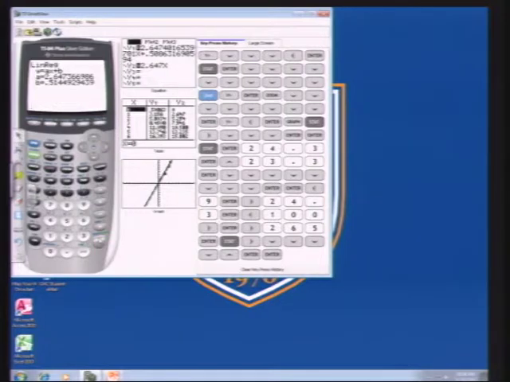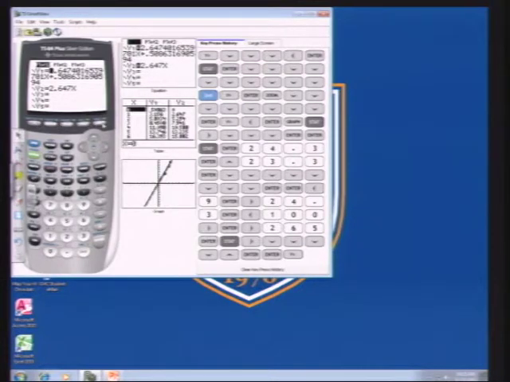And now I have my line of best fit for that data: y is equal to 2.647 times x plus 0.51, rounding those off. And what I have done is to go ahead and put that regression equation into my y equals.